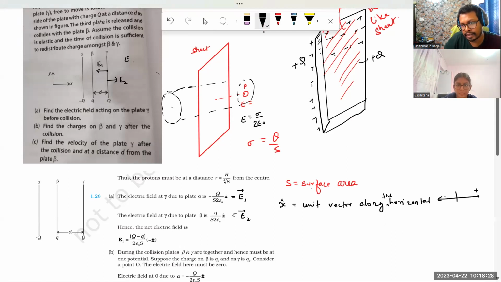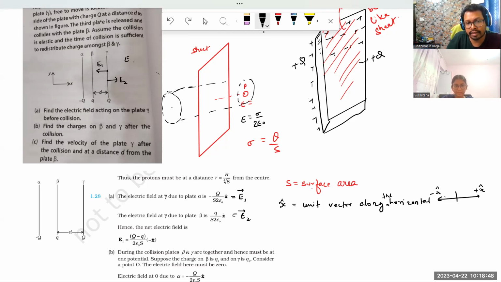This is the plus X direction, X cap direction, and this is minus X cap direction. So E1 is directed in which direction? You see that, minus X cap direction, right? So that's why it's negative. And this is in the positive direction, so this is positive.